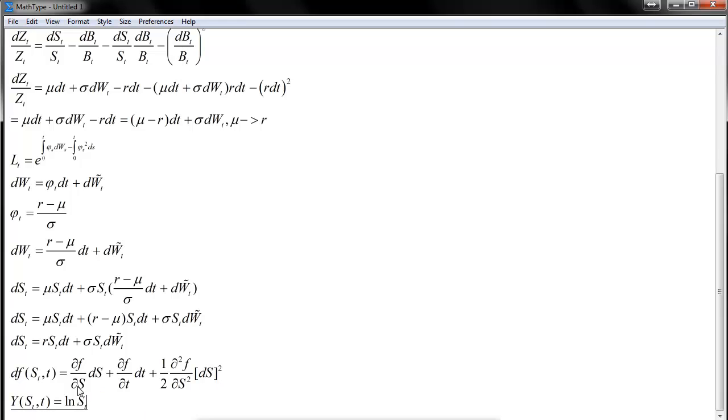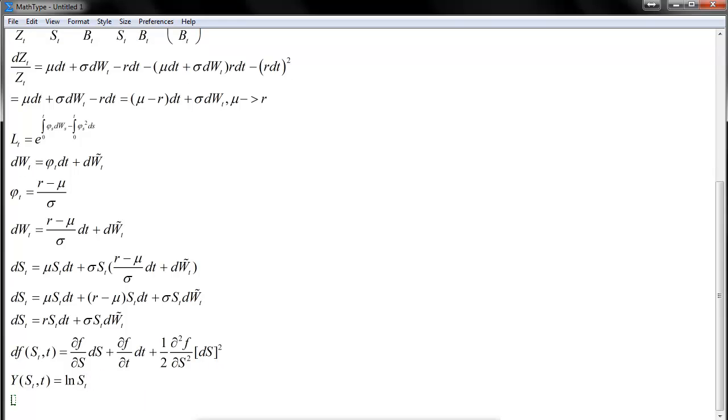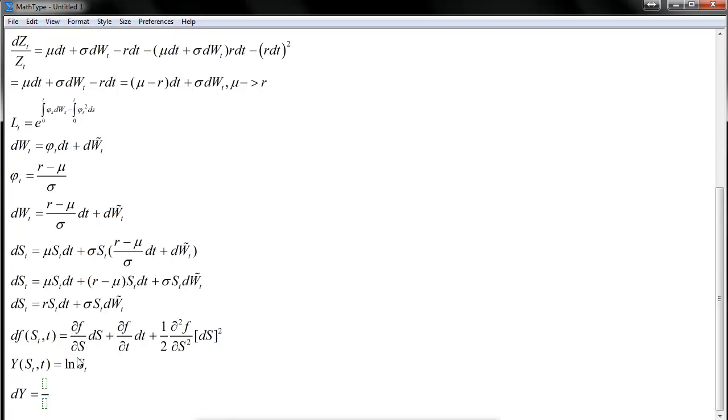The dy is equal to, the derivative of logarithm of s with respect to s is 1 divided by s, times ds.